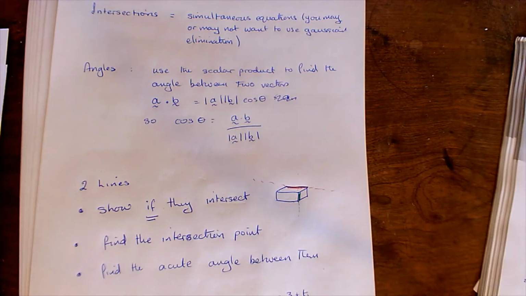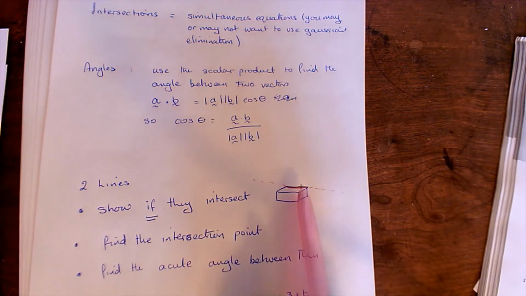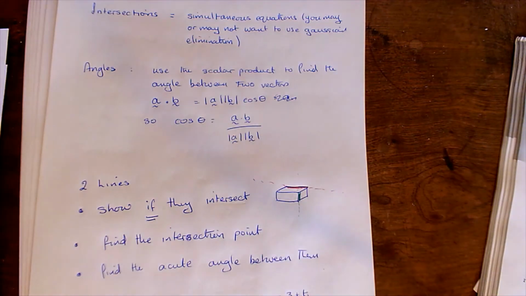So straight lines do not have to be parallel to avoid intersecting. In 3 dimensions, they can be what's known as skew. So they're not parallel, but they will never intersect.